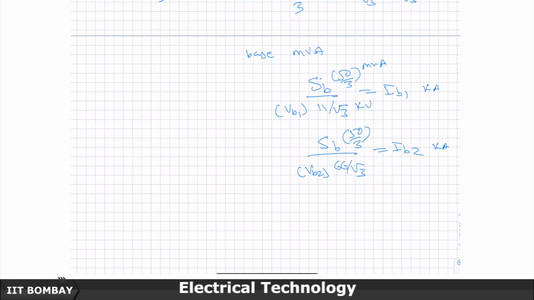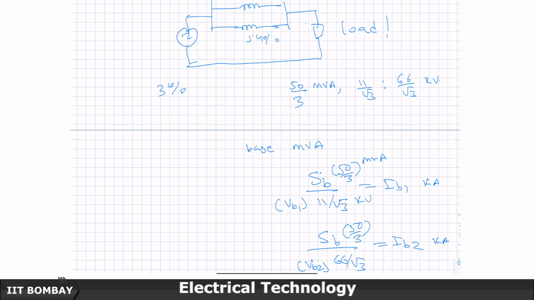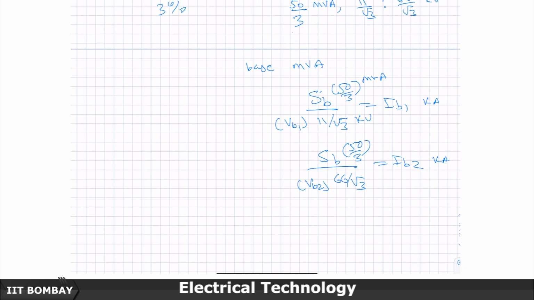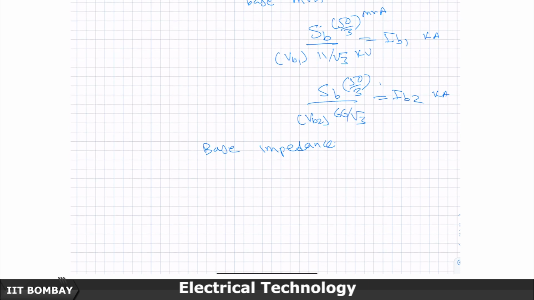So, I can calculate one base MVA, two base voltages on the primary and secondary sides from the nameplate rating, and corresponding to that the two base currents, primary side and secondary side. Then I can talk of base impedance, which is base voltage divided by base current.